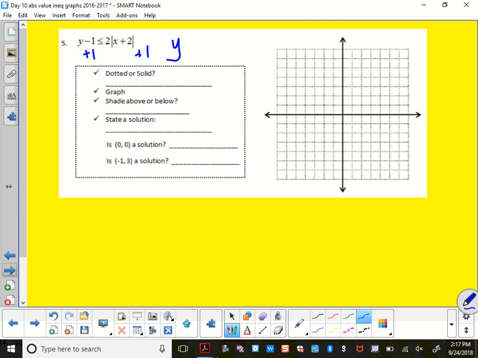So my new inequality is y is less than or equal to 2 times the absolute value of x plus 2, plus 1. This is my new inequality.